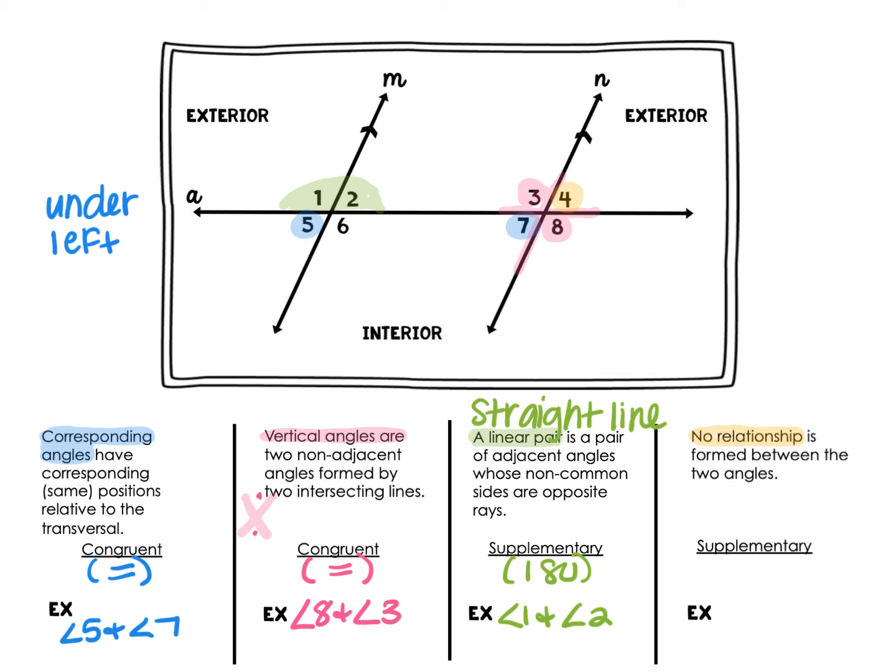Angle 1 would be same side exterior. Angle 5 would be alternate exterior. Angle 7 would be vertical, and angle 8 would also be a linear pair. So angle 6 is the only one that doesn't have a named relationship to angle 4. And these are supplementary, which means if they're added together, they equal 180 degrees.